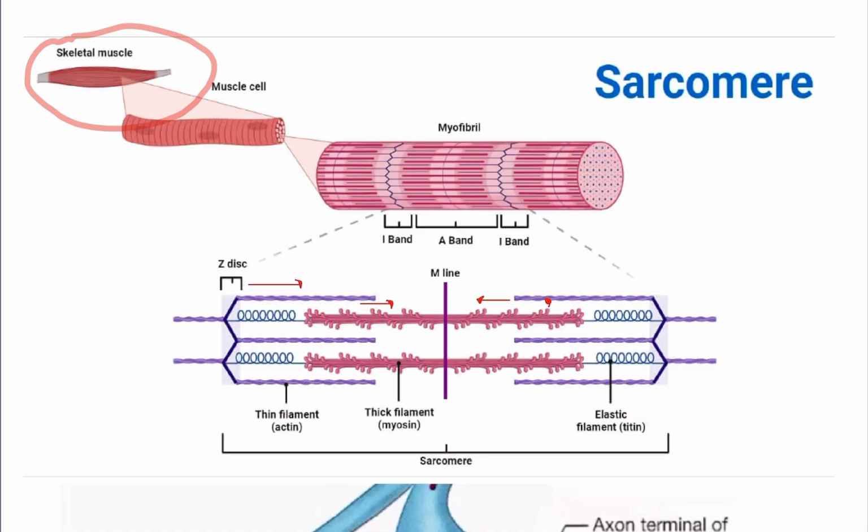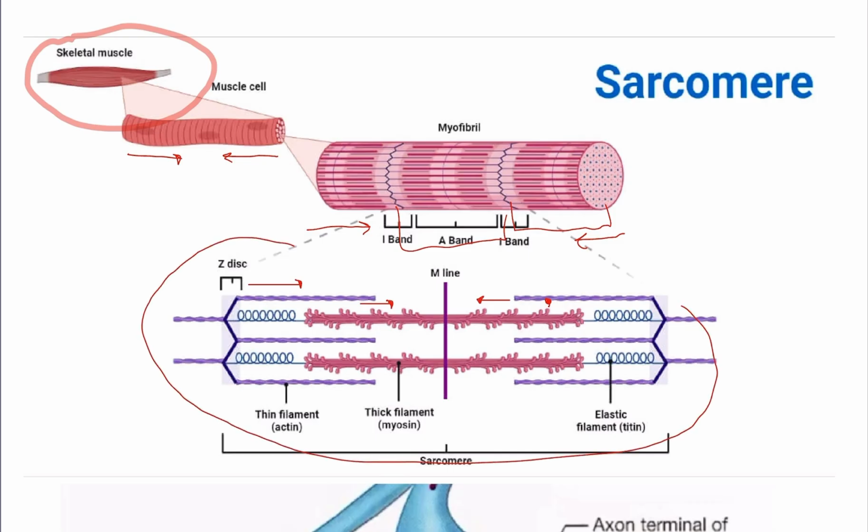And if there are many sarcomeres within a myofibril, the entire myofibril will change size. And if my muscle cell or muscle fiber is made up of many myofibrils, the muscle will also change size. So the muscle is getting shorter, it's contracting, when each one of these little sarcomeres within a myofibril is contracting.